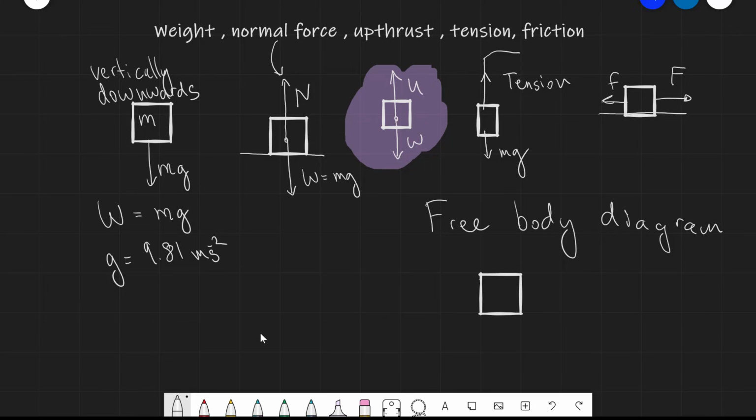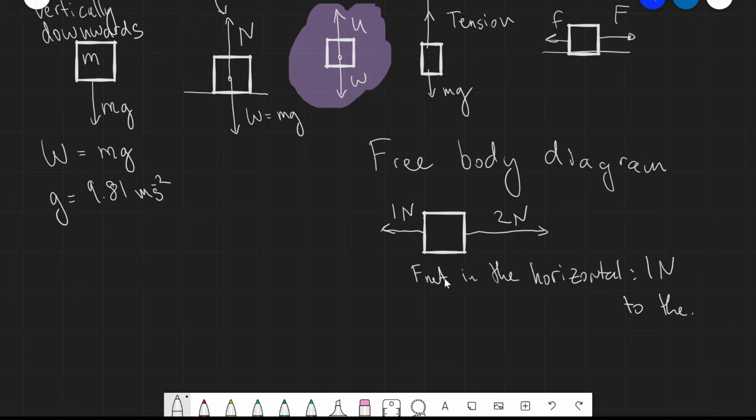So for instance, if I had 1 Newton acting to the left, and 2 Newtons acting to the right, then notice that the length of this arrow is twice as much as the one going to the left. This will allow us to determine that the net force in the horizontal direction is 1 Newton, and that is acting to the right.